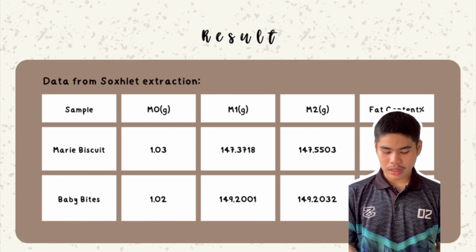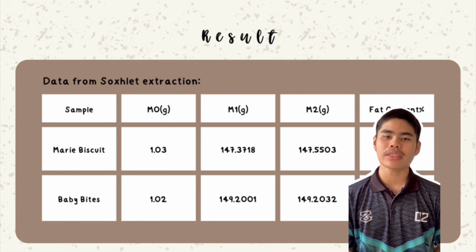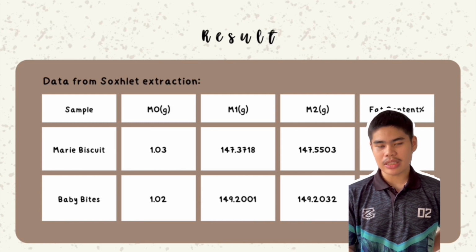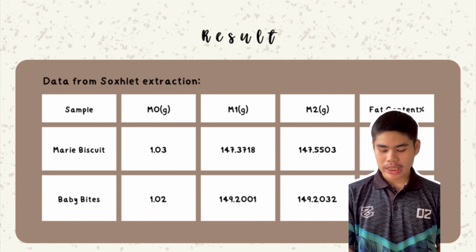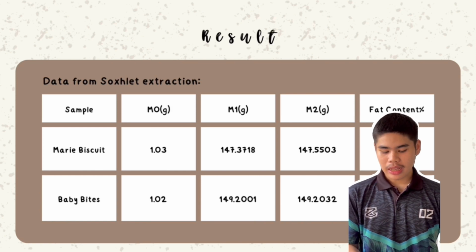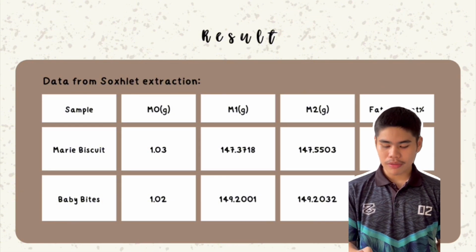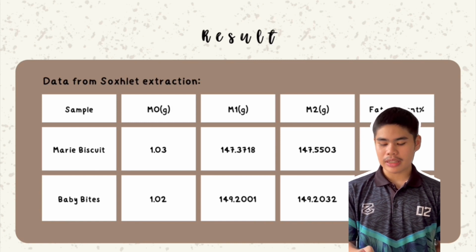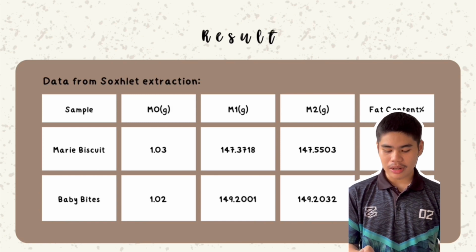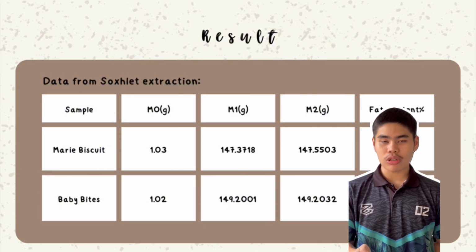For our results, we used two types of biscuit, the first is Mary biscuit and the second is Baby Bites biscuit. M0 for Mary biscuit is 1.03 gram and Baby Bites is 1.02 gram. And M1 for Mary biscuit we get 147.3718, and for Baby Bites 149.2001.